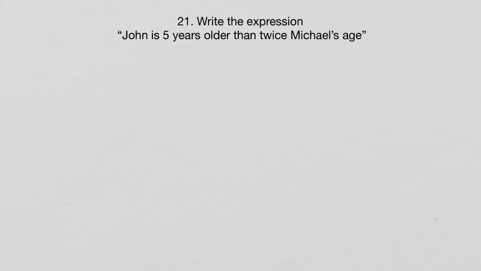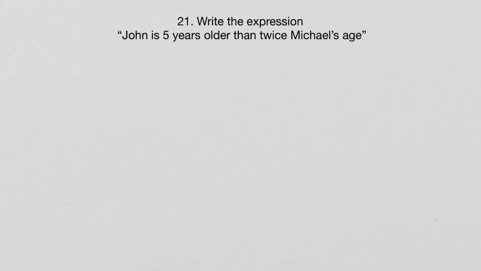Question 21. We are writing the expression, John is 5 years older than twice Michael's age, mathematically. Again, we have a full video on expressions if you want to check it out.